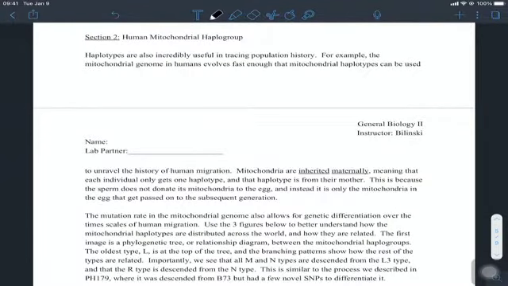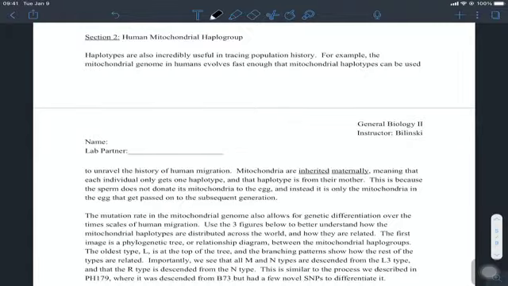So, enough with the corn, and now to the people. We can use haplotype painting to try to piece together human ancestry. However, when you look at the nuclear genome, the evolution rate of DNA within the nucleus is fairly slow.